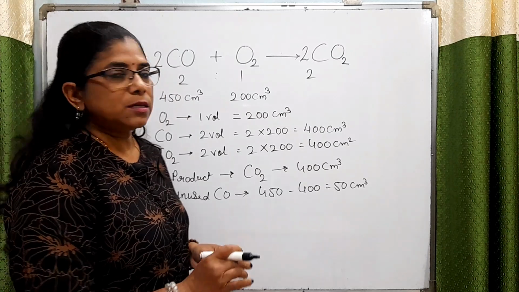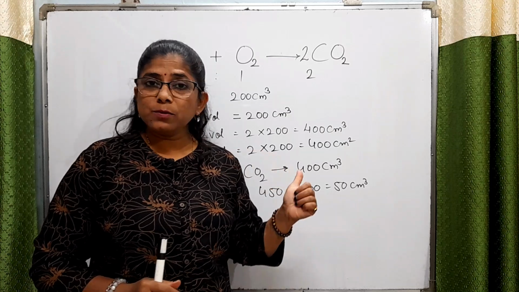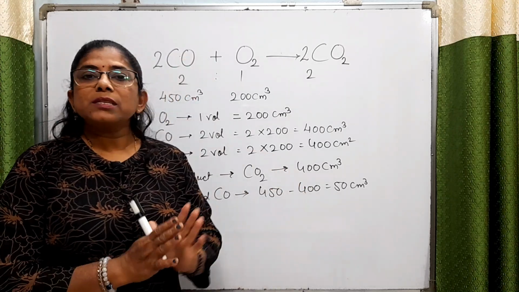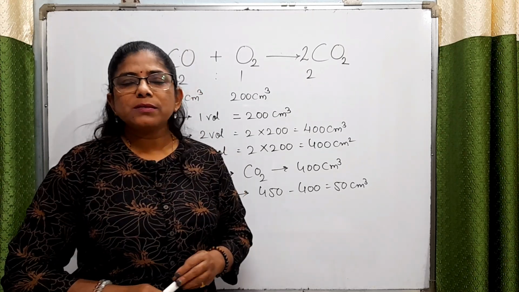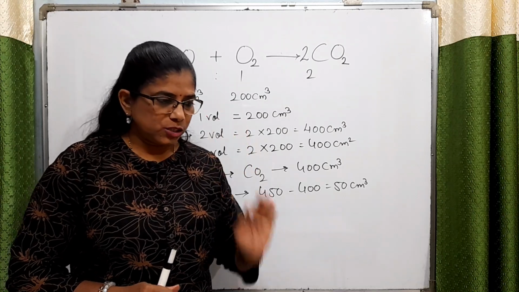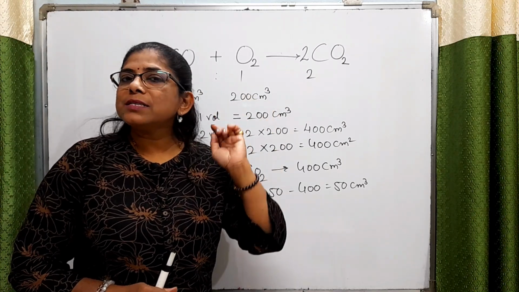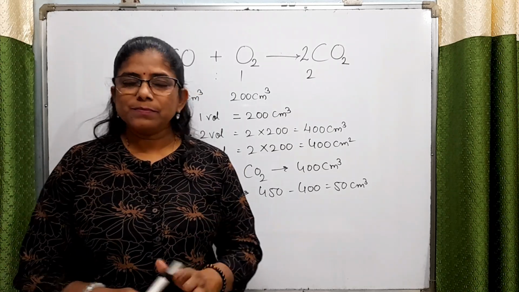This is not asked in this question, but if you practice different examples based on this Gay-Lussac's law, you will come across this type of questions. One more tip I would like to share here is: read the question properly. What exactly is asked in that question, you have to find out that answer.